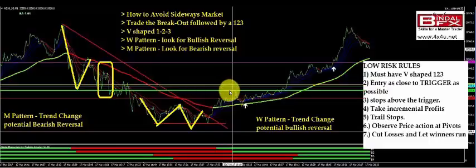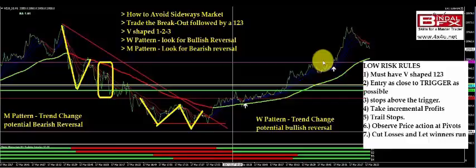It goes up to the green pivot, finds some resistance, but the key point here is the price action has created a higher high. I would like to wait for a pullback to as close to the trigger line as possible, and then once you get a break of 0.2 and 0.3, you fire and up it goes.